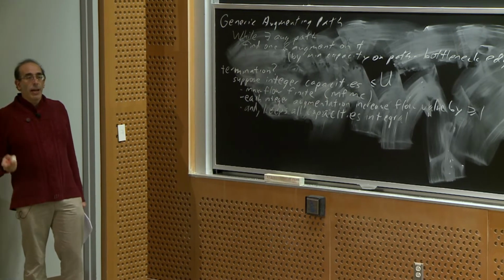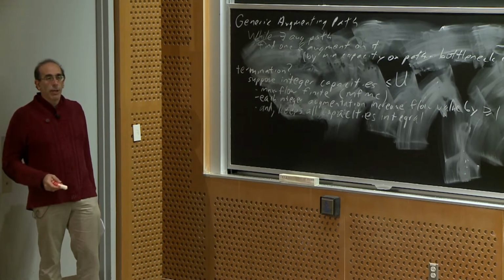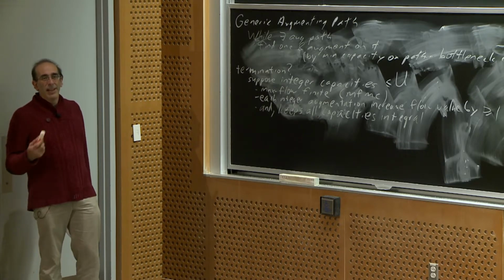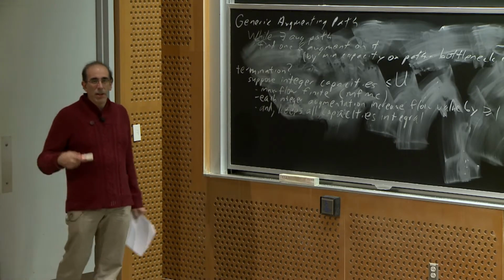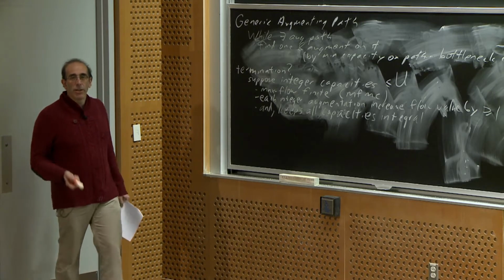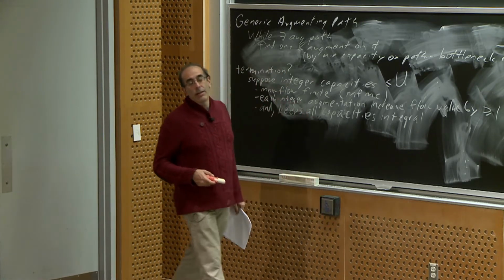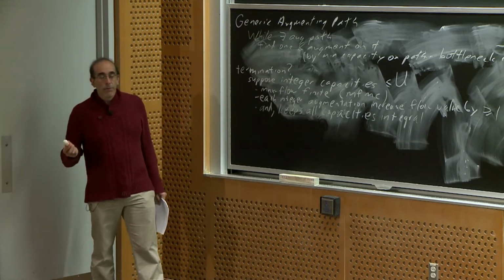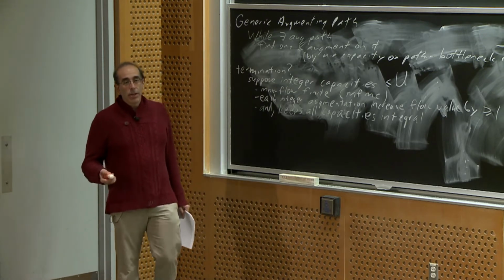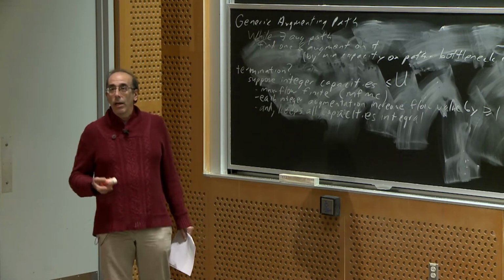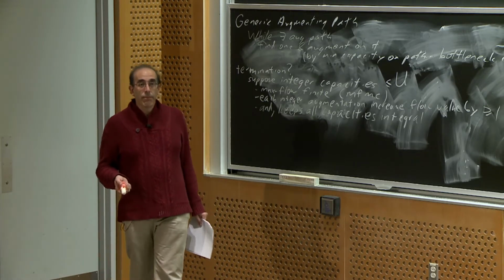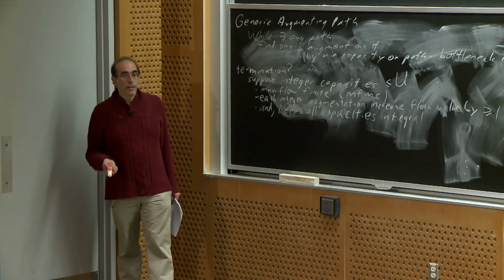That the next augmenting path that we find will also be an integral augmenting path, and that will make the third one integral, and so forth. So we're always augmenting by an integer amount, which means we're always augmenting by at least one. And since the actual maximum flow is finite, we will reach that maximum flow within a finite number of steps. Yes?